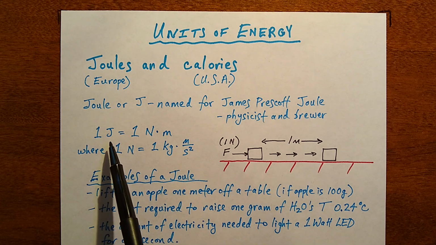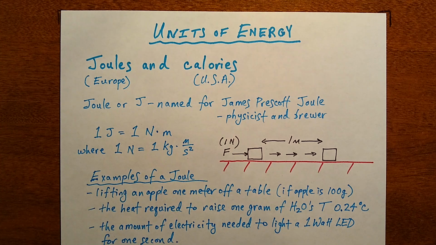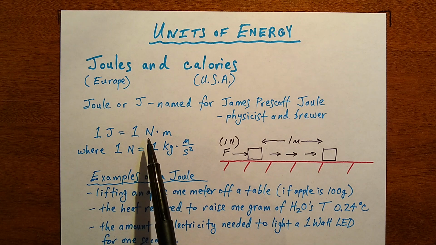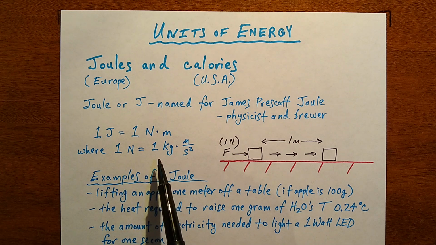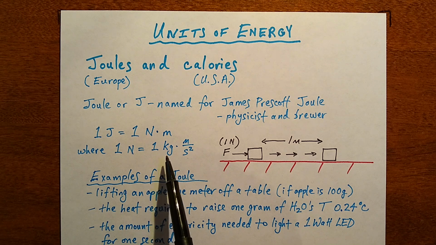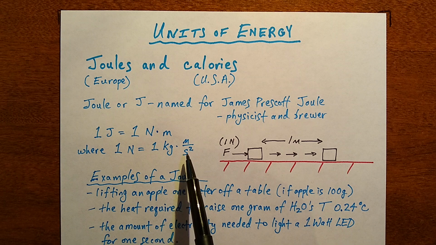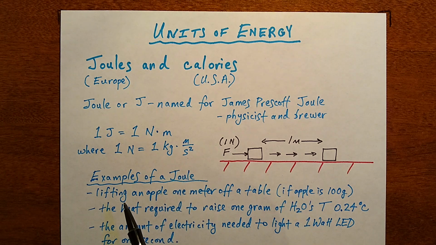Now, a joule, again, is a unit of energy, which also can be considered work. Work, in the simplest sense, is a force applied through a distance. So the unit of force in physics is called a Newton, after Sir Isaac Newton. And a Newton is defined as the amount of force you have to give to 1 kilogram to accelerate it at 1 meter per second squared.